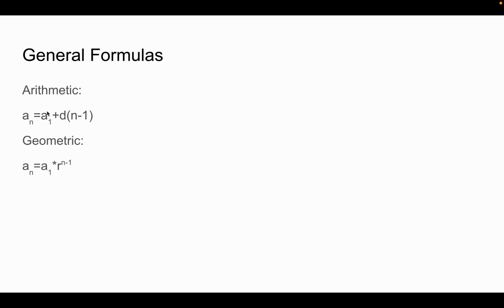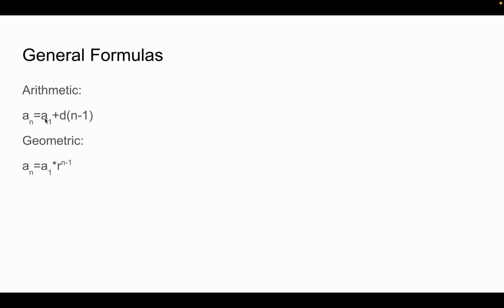If this was a0 instead of a1, there would be no minus 1, but since we start at number 1, and for a1 we add nothing, when n is equal to 1, this should be 0, and we do that by just subtracting 1.